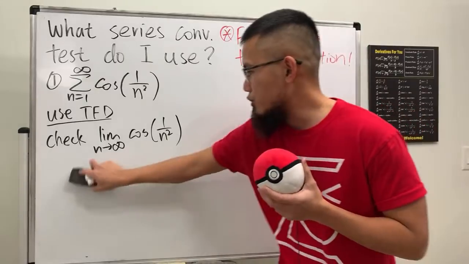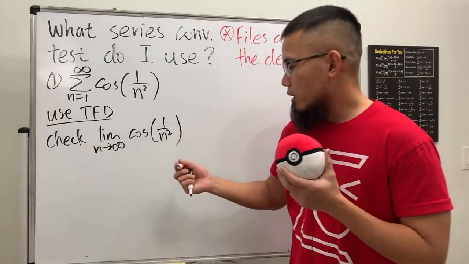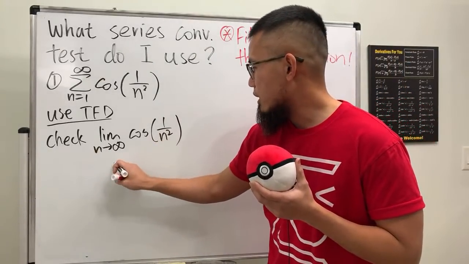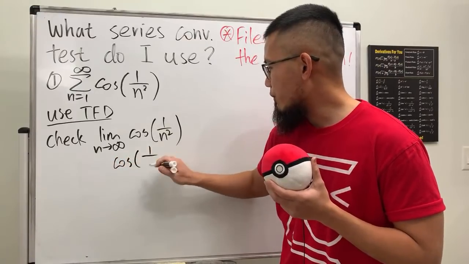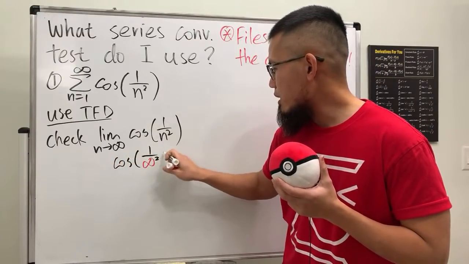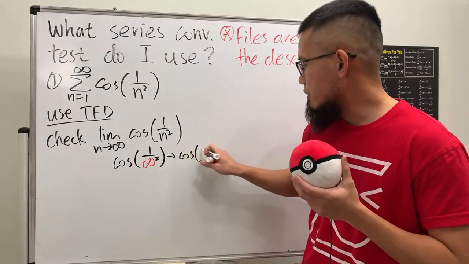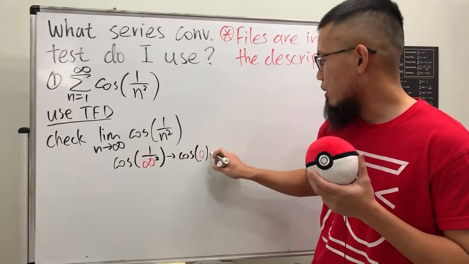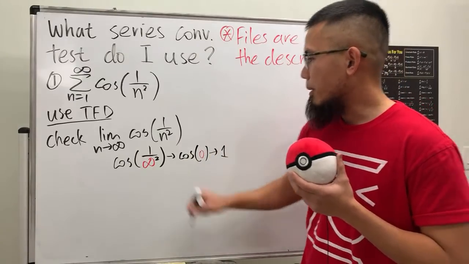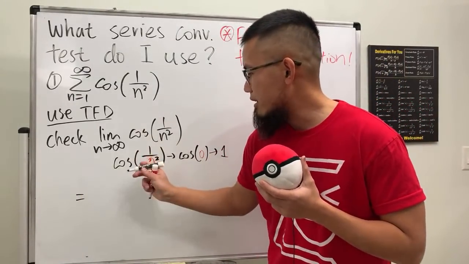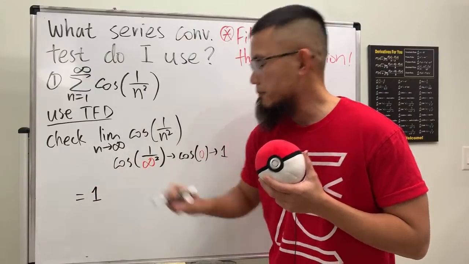Go ahead and put infinity here, so you get cosine of 1 over infinity squared, and this will pretty much be cosine of 0, right? So that will be 1.